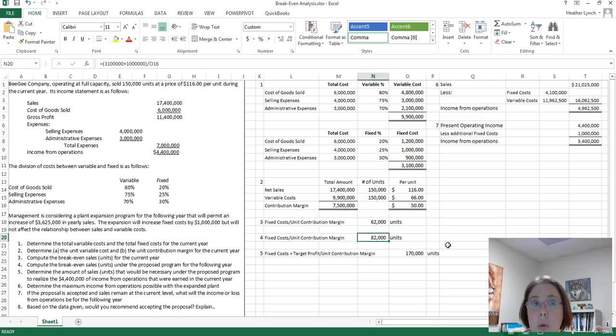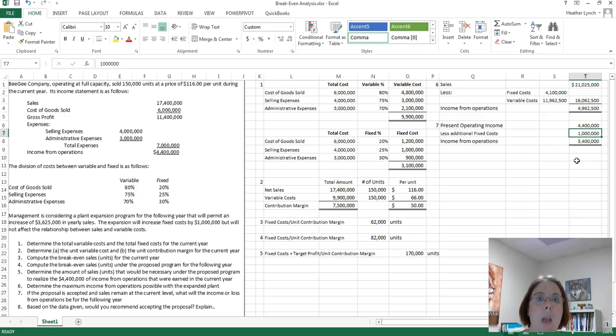With the new plan, we now have 82,000, additional 20,000 units that we are now having to figure out. Now, number 6, determine the maximum income from operations possible with the expanded plant. Yeah, that's 4,962,500, but you're losing $1 million in additional fixed cost.